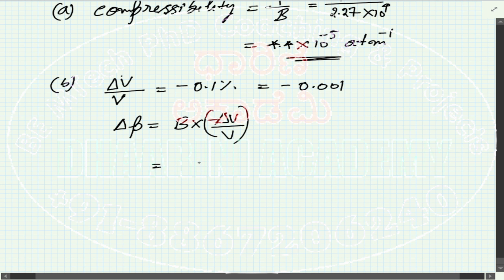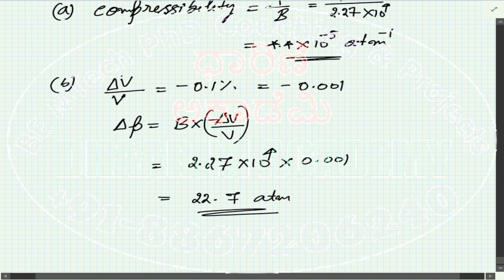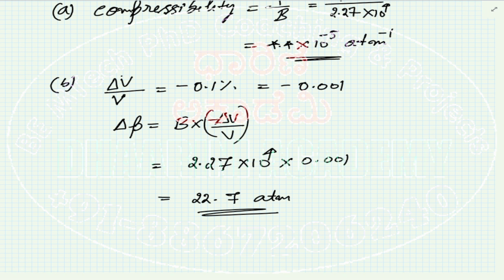B is nothing but 2.27 into 10 to the power 4, into the delta V by V, which is negative of 0.001. So you can see that the change in pressure required here is 22.7 atm. Okay, so that is the answer of this particular question.